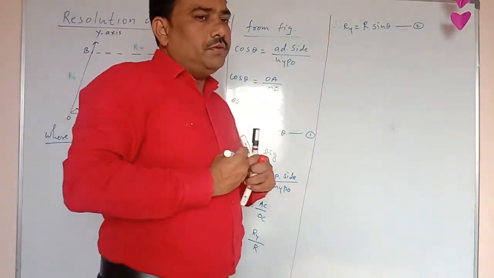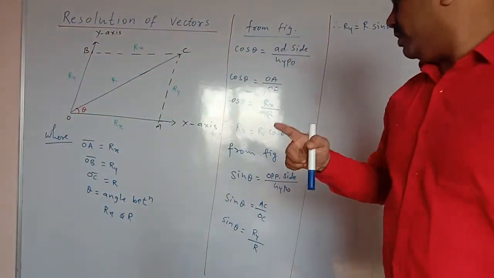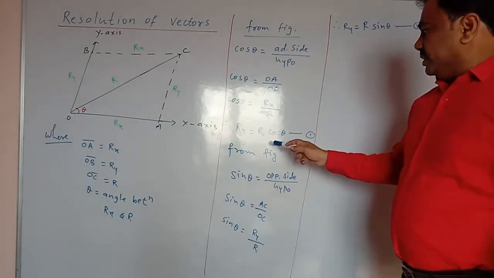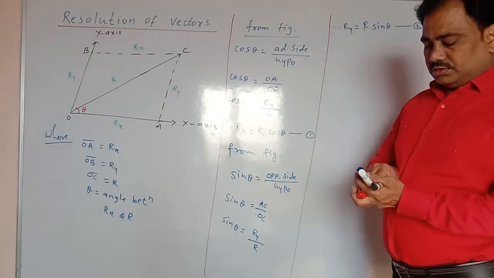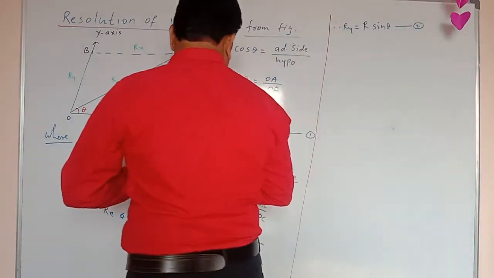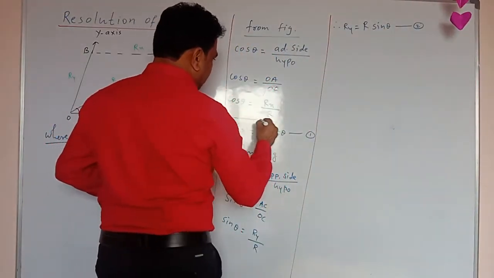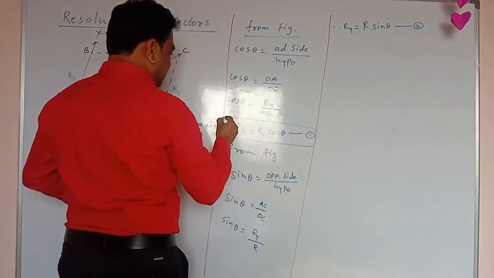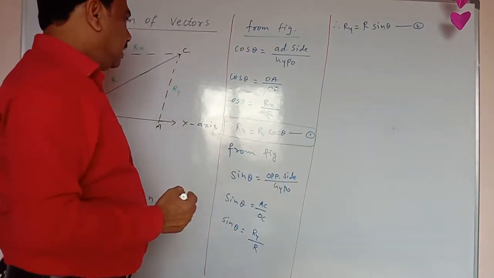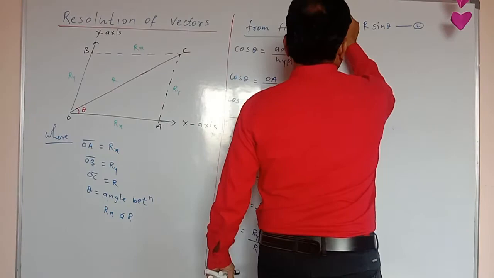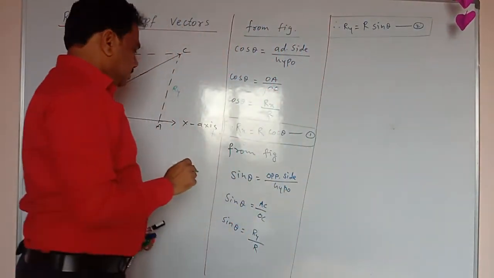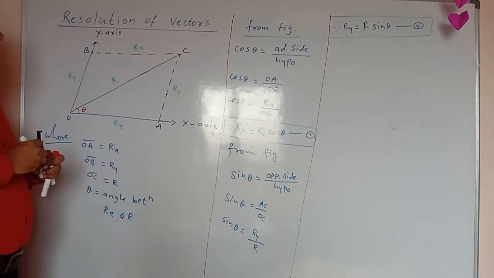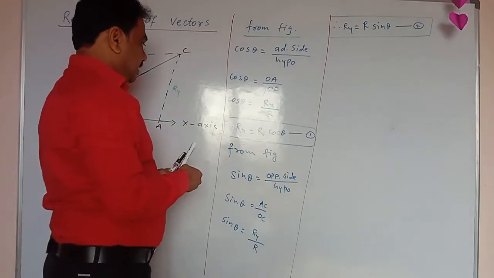Now in this way we have two equations. One is for Rx and another is for Ry. So this is our first equation, Rx is equal to R into cos theta, and another equation is Ry is equal to R sin theta. Okay. So this is about the values of Rx and Ry.